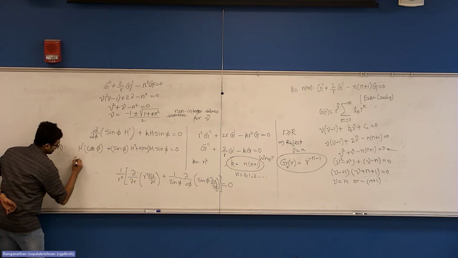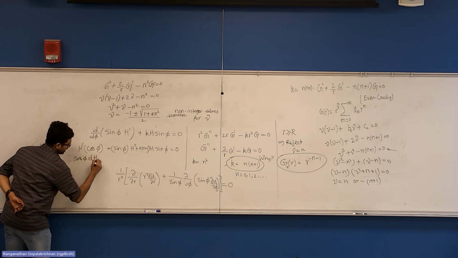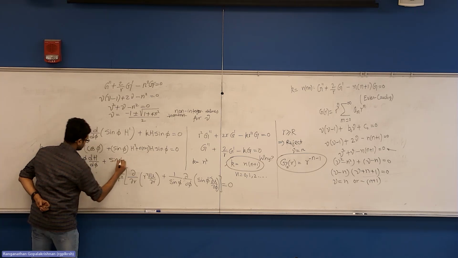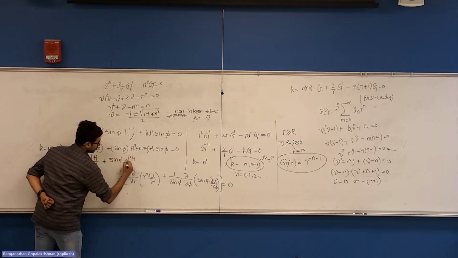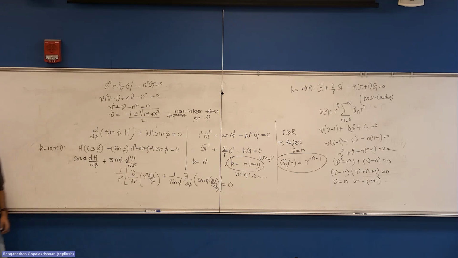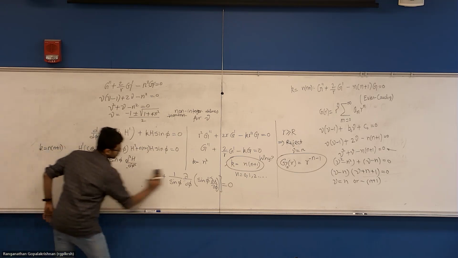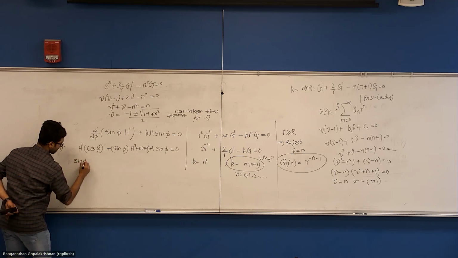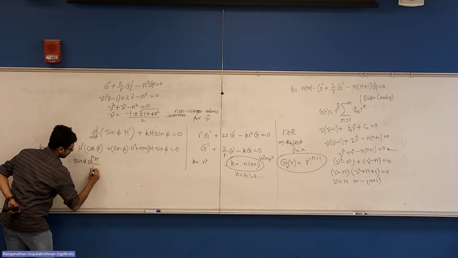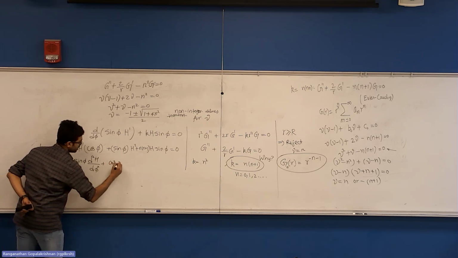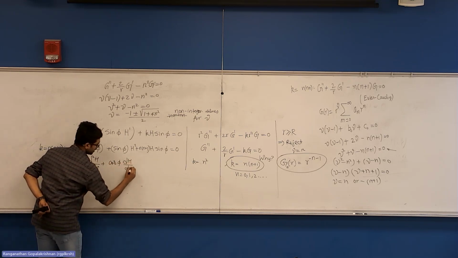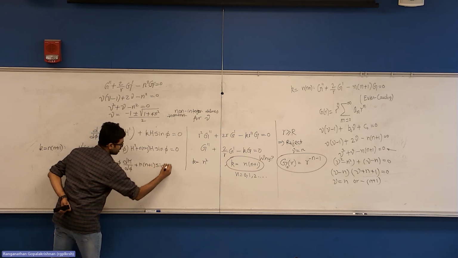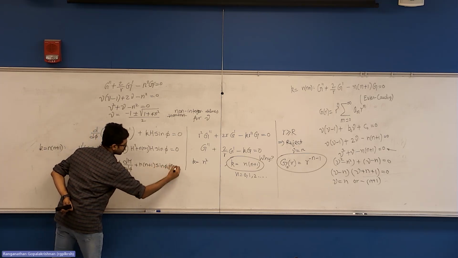So this is sin phi times the second derivative plus cos phi times the first derivative plus n times n plus 1 sin phi times h.